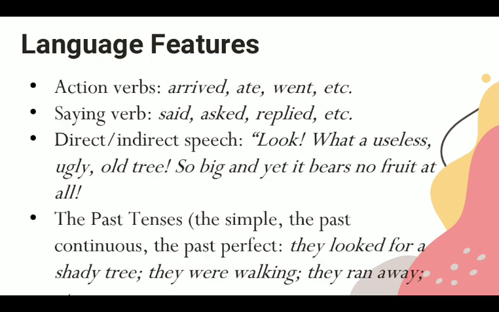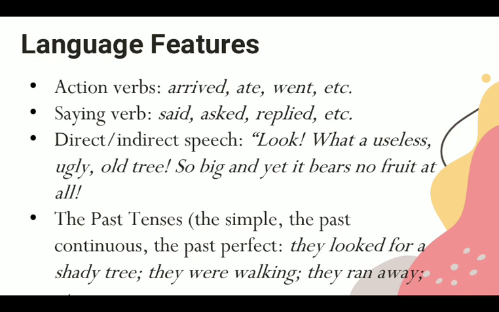Okay, the next language features, it usually use action verbs, of course, because the characters absolutely do something in the story. So the action verbs and the saying verbs, the next one is really needed to describe how the story happened. And then next is direct and indirect speech.